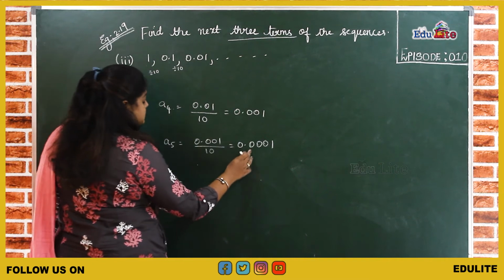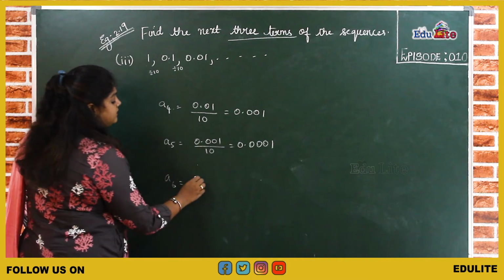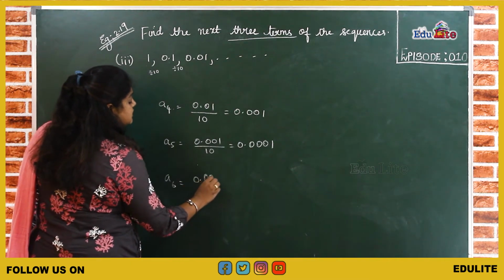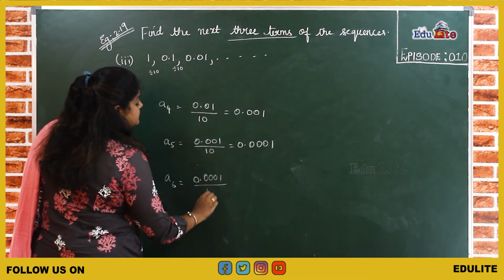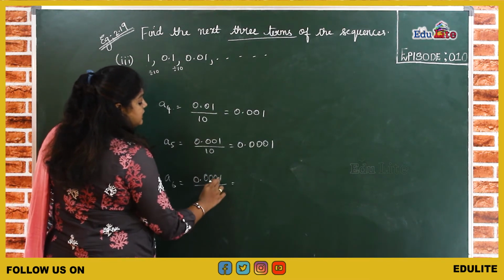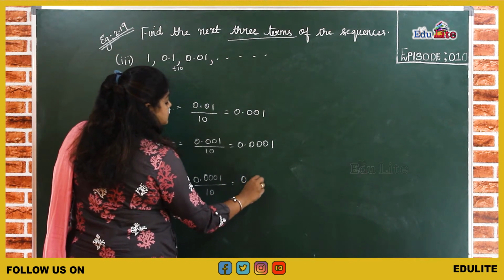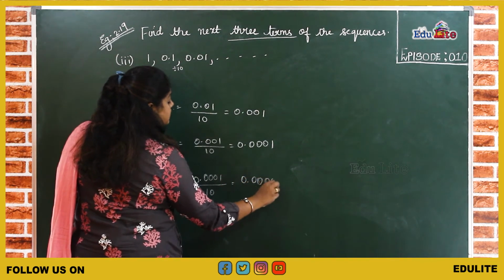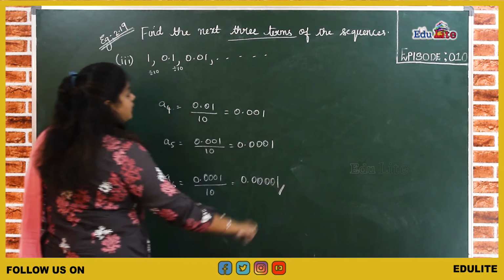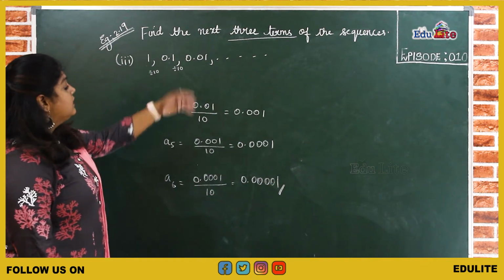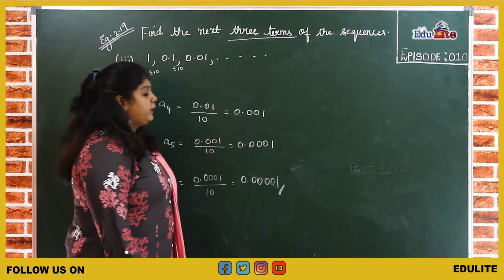And using this term, we can find the sixth term. 0.0001 when it is divided by 10, the zeros after the decimal will be increased. Therefore, it will give me 0.00001. Thus, we have found the three terms in the sequence given in the question.